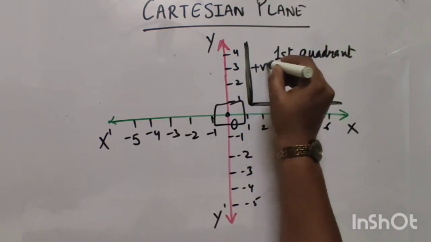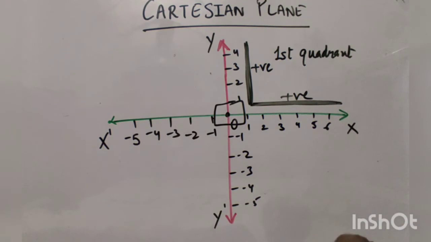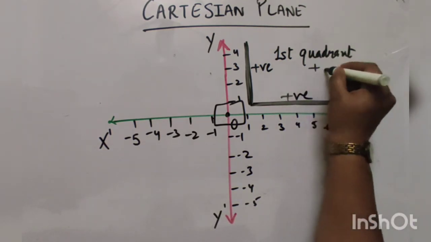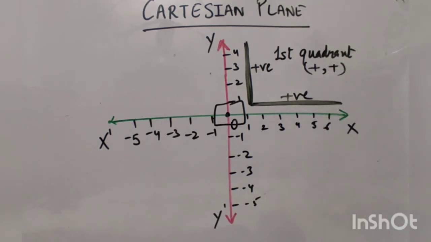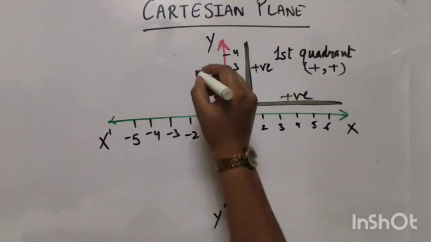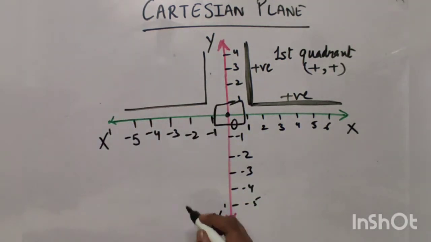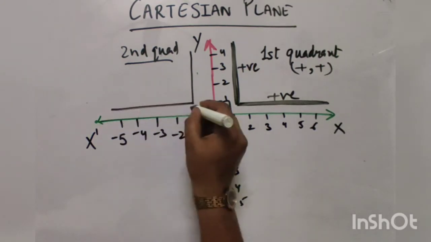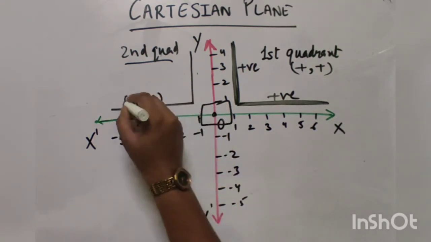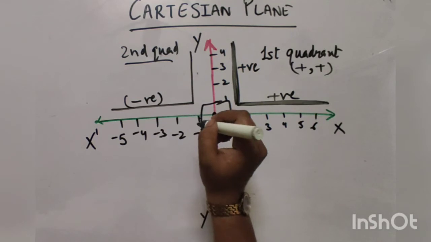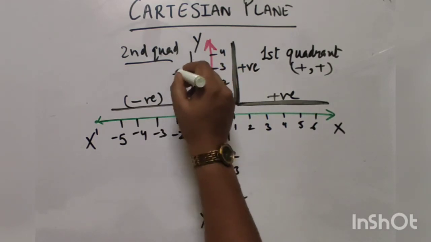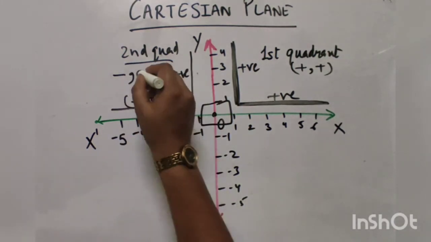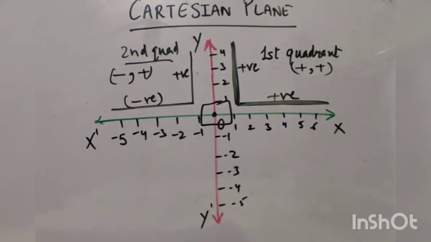So, don't you think we should call this quadrant a positive quadrant, right? Now, on the other hand, in the second quadrant, the horizontal line has negative numbers and the vertical axis has positive numbers. So this quadrant has negative and positive both, right?